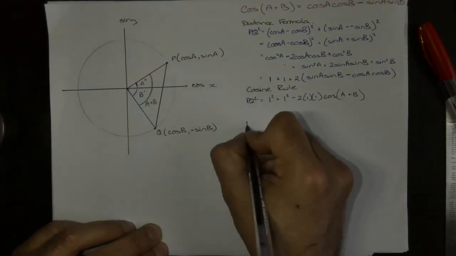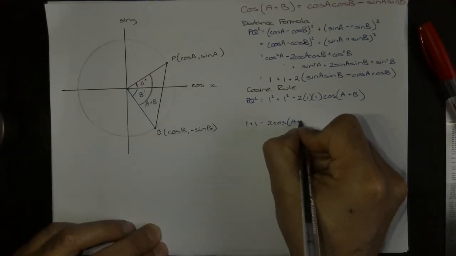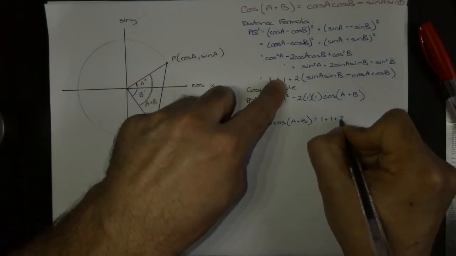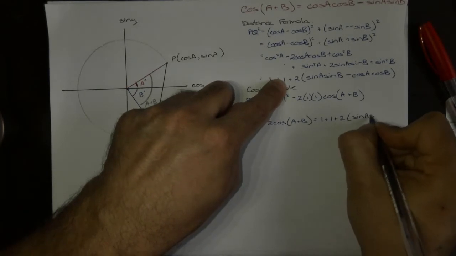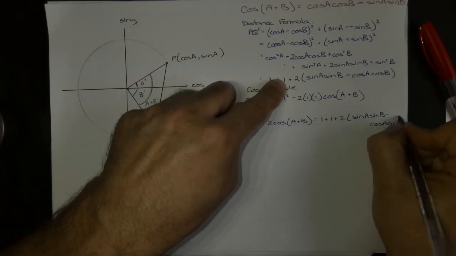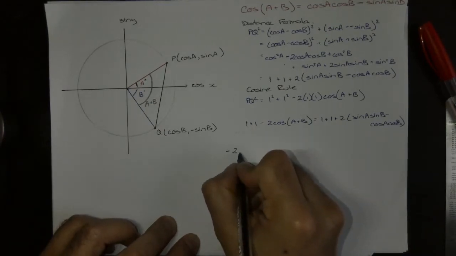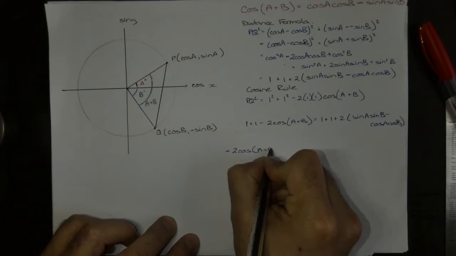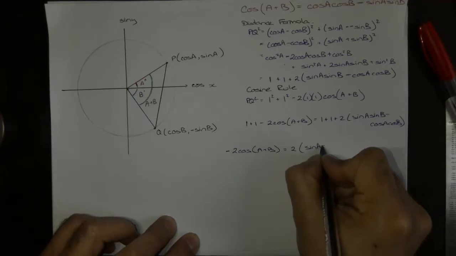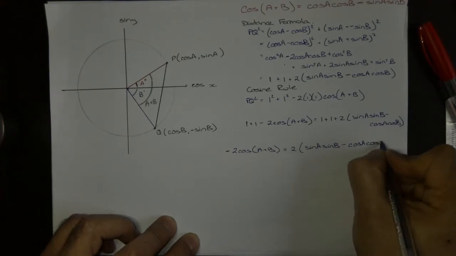So I'll write it up again. Okay, equating coefficients, we get negative 2 cos A plus B equals 2 sine A sine B minus cos A cos B.